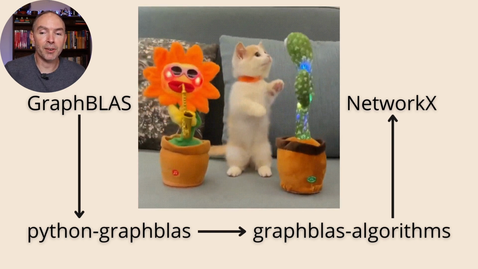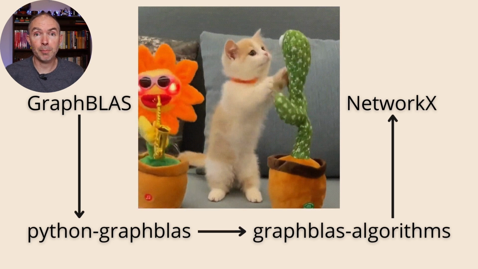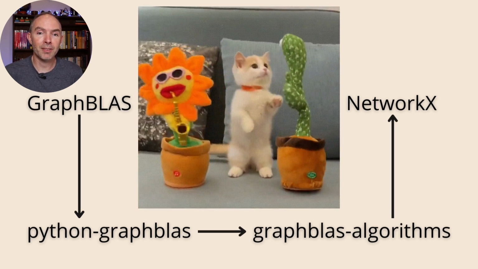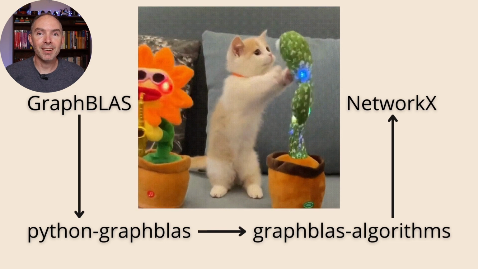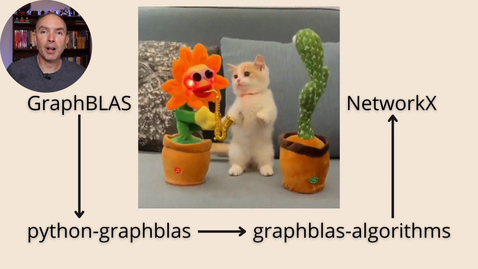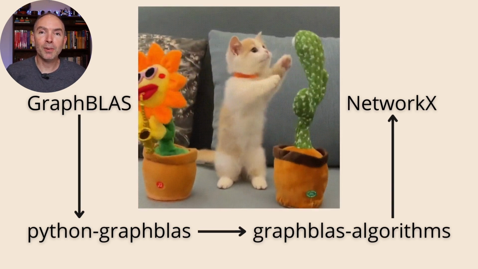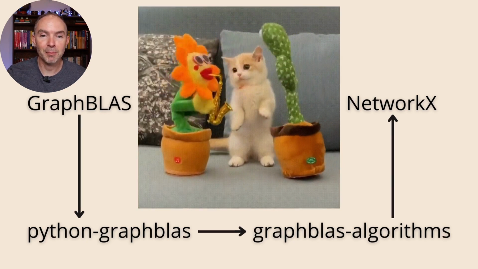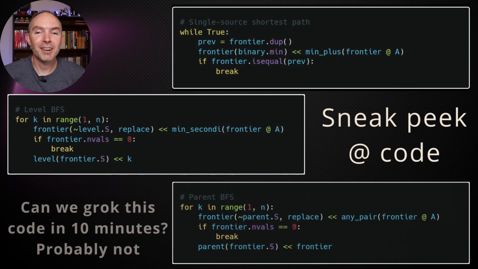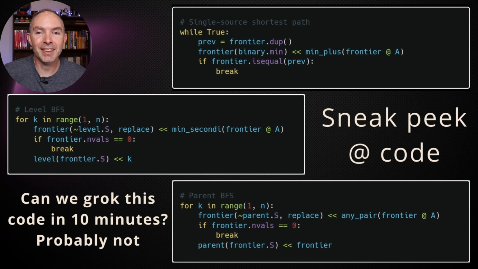Our second library here, GraphBLAS Algorithms, uses Python GraphBLAS to implement the NetworkX API. It's pretty new, and we only have a few algorithms so far, but hopefully it'll be a dancing cactus soon and match NetworkX. Okay, let's jump right in.